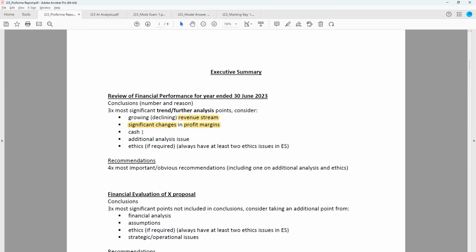If there has been a significant change in cash and you're required to look at cash, or if there are ethical issues, add an extra point with additional analysis on that. So add in further analysis points on the big issues that happened in the year.